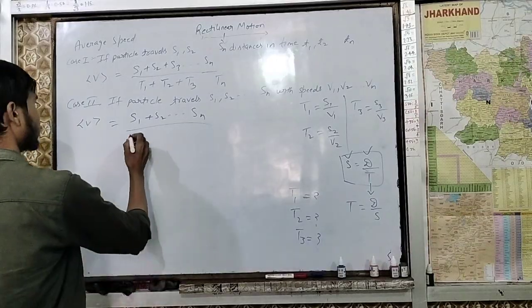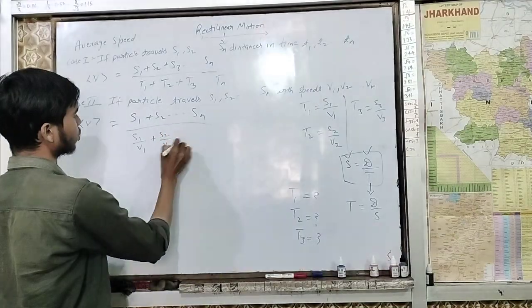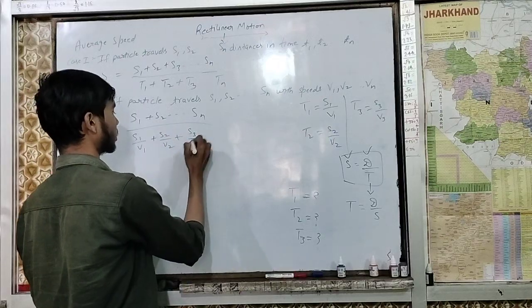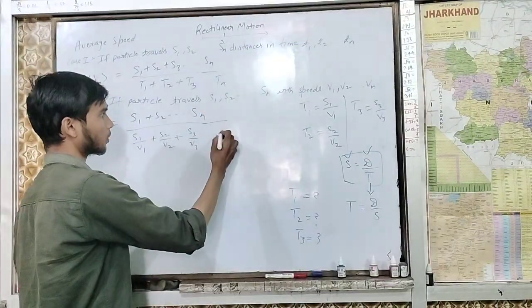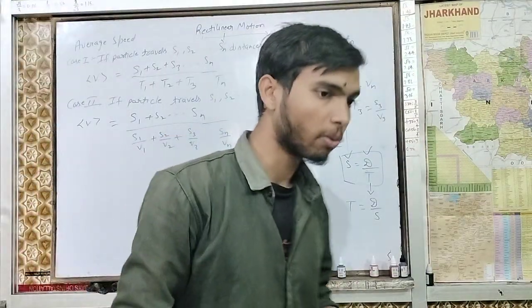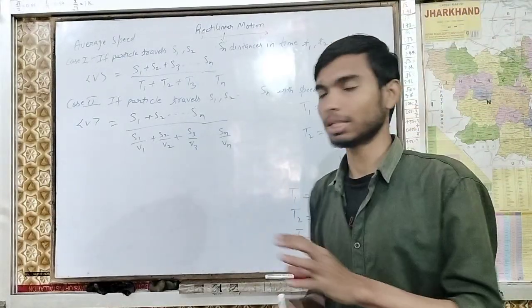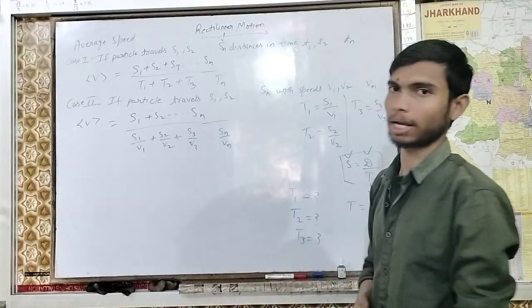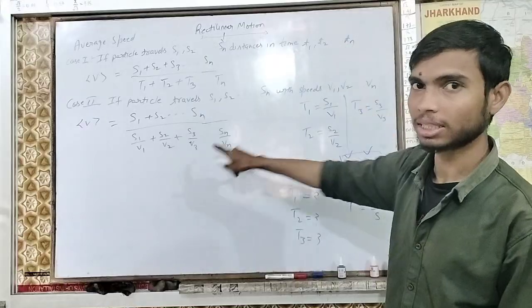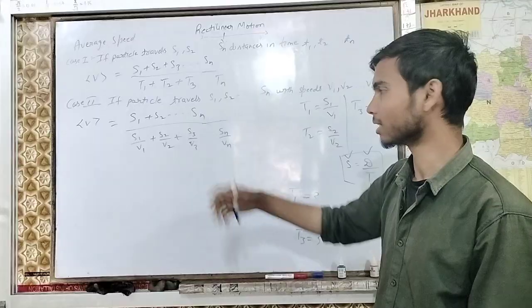So finally the total time is S1 upon V1 plus S2 upon V2 plus S3 upon V3, and that will continue till Sn upon Vn. But the question will be providing two distances, two times, two velocities. You can just write two distances and two times, then simplify. Since it is going till infinity, till here this is enough. You don't need to simplify it further.